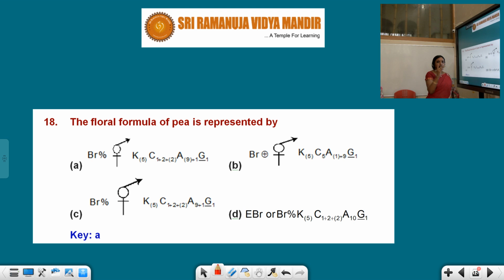So bracts are present, and bracteoles are also present. Of course, in this formula it is not written. But Br means bracts are present, and Brl means bracteoles are present. If bracts are not present, we write Ebr. So bracts are present, and the percentage sign, when I put a percentage here, this sign is for zygomorphic.